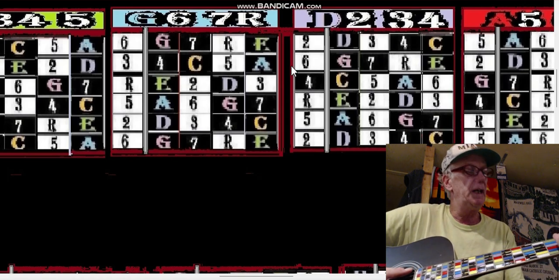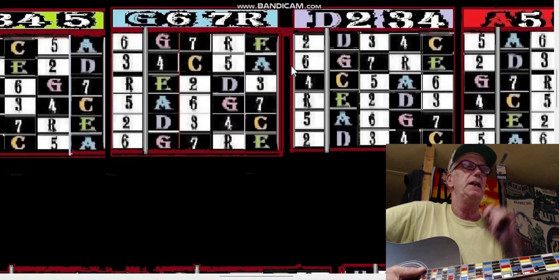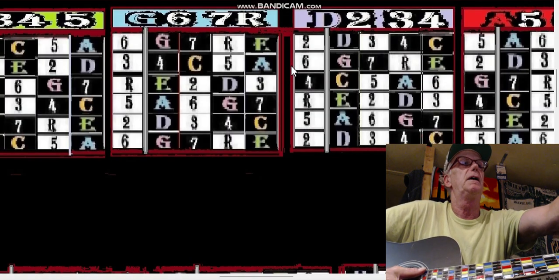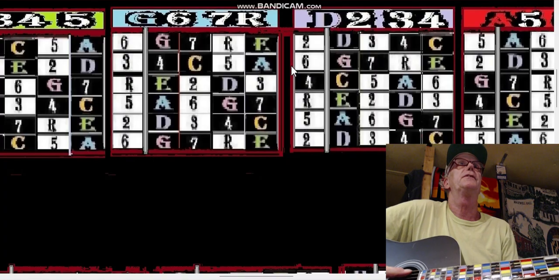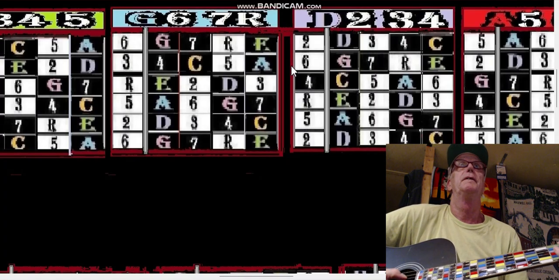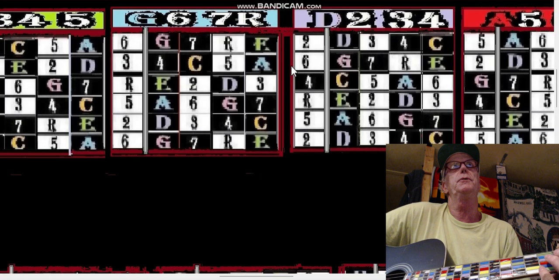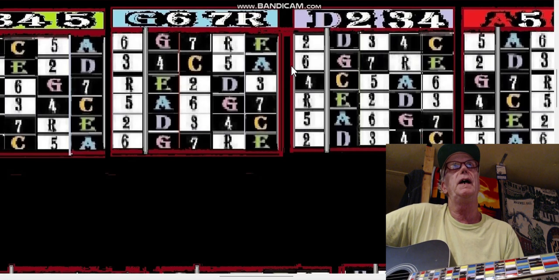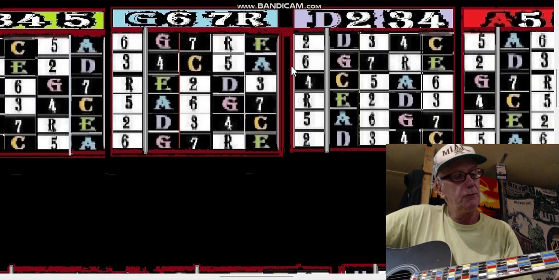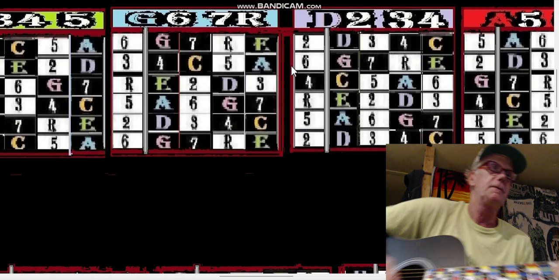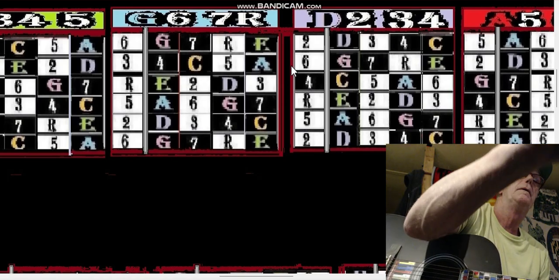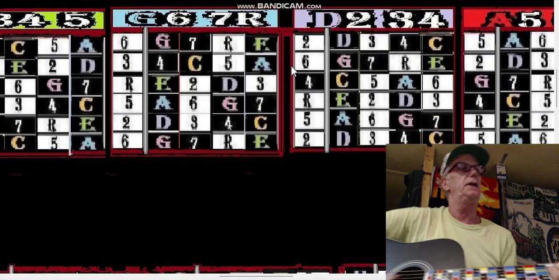So if we wanted to play C as the 6th in the key of A flat, it would play like this. Now our G string is root, 2, 3, 4, 5, 6, 7, root. Okay, that's E flat right there. But I did say it was A flat, right?